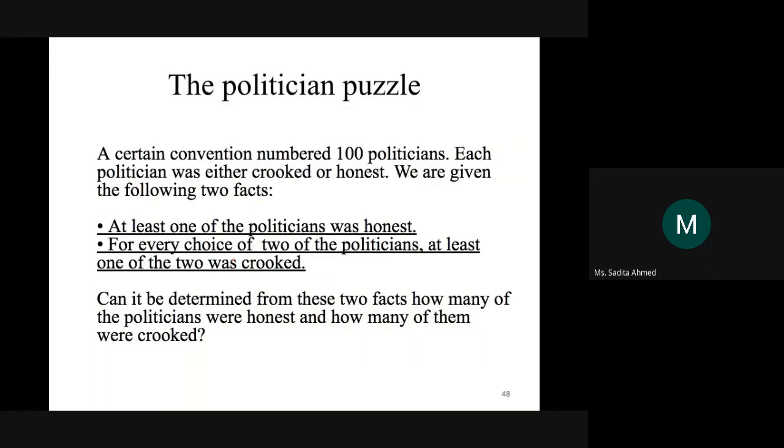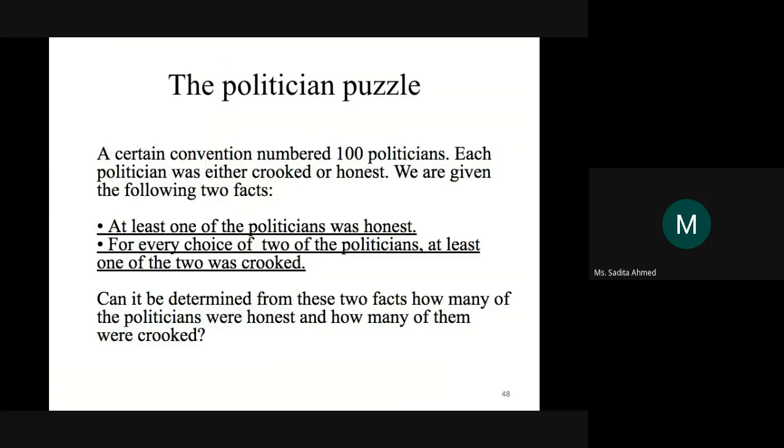It must be because there isn't more than one honest politician among these 100. That is the reason we have this fact, the second statement. That is the reason we will never get a pair with two honest politicians: simply because there aren't any politicians other than that one honest politician. You have only one honest politician because of that.